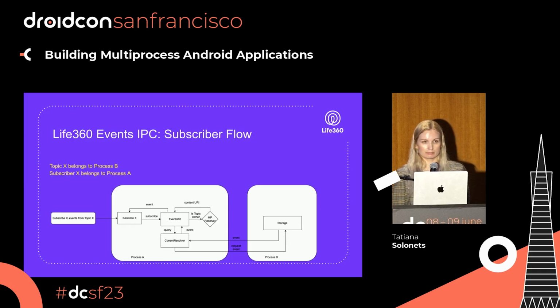So basically we use the content provider, and it's another method that I talked about, and it just accesses the storage from another process and delivers the event to process A.